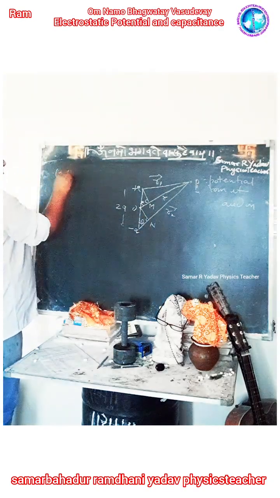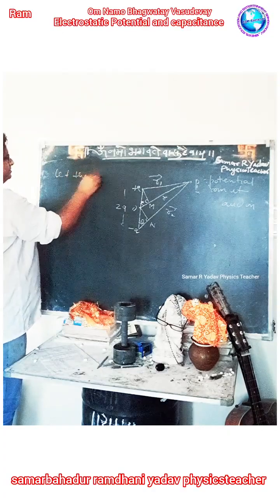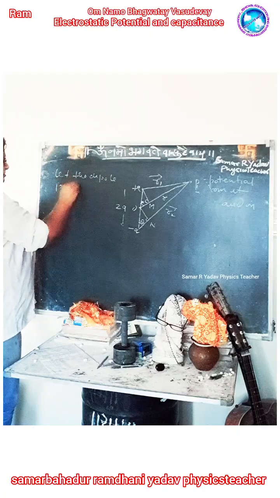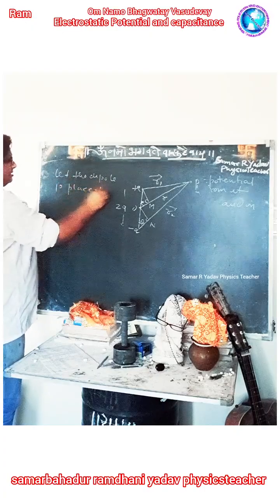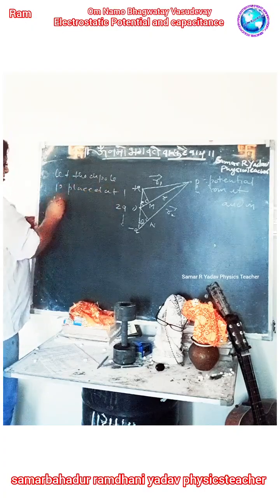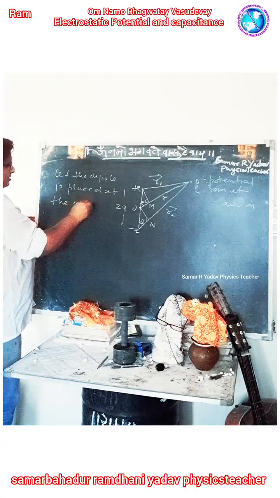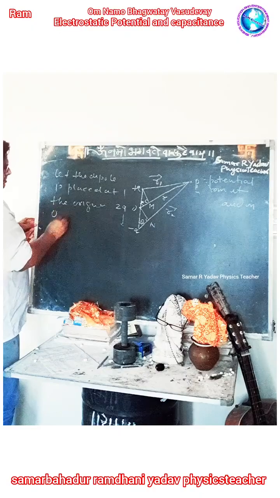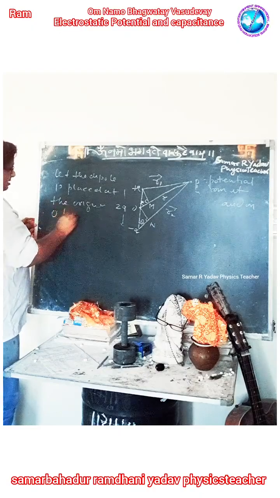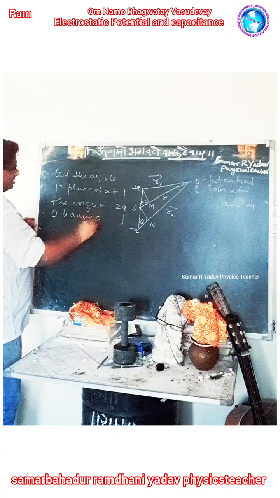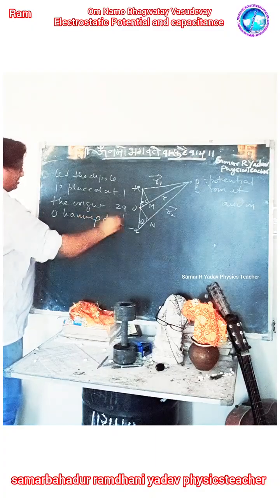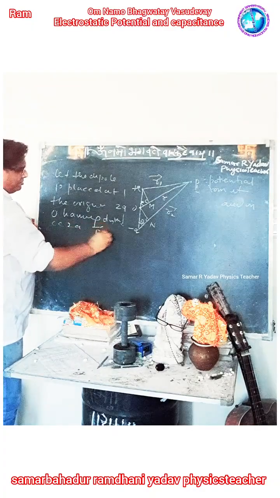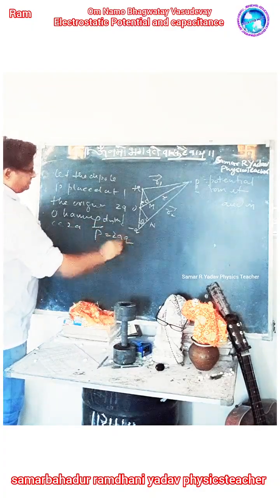Let the dipole be placed at the origin O, having distance 2a. The dipole moment is p equal to 2aq.